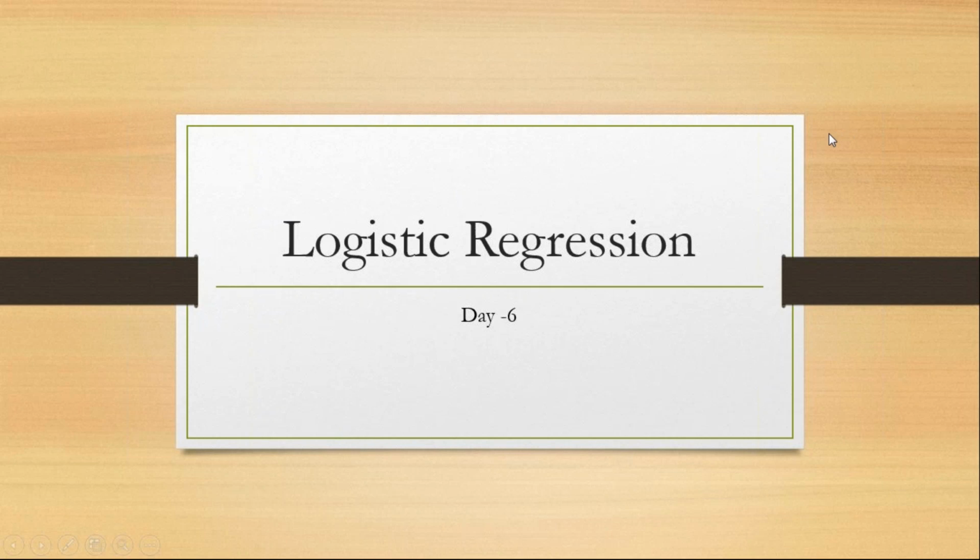We need such a graph or representation through which we can understand where we can have a better probability of a yes or no, and based on the probability value that we get from logistic regression, we set a threshold and understand what the chances are of having a yes or no. So let us start with today's session and try to understand how logistic regression works.